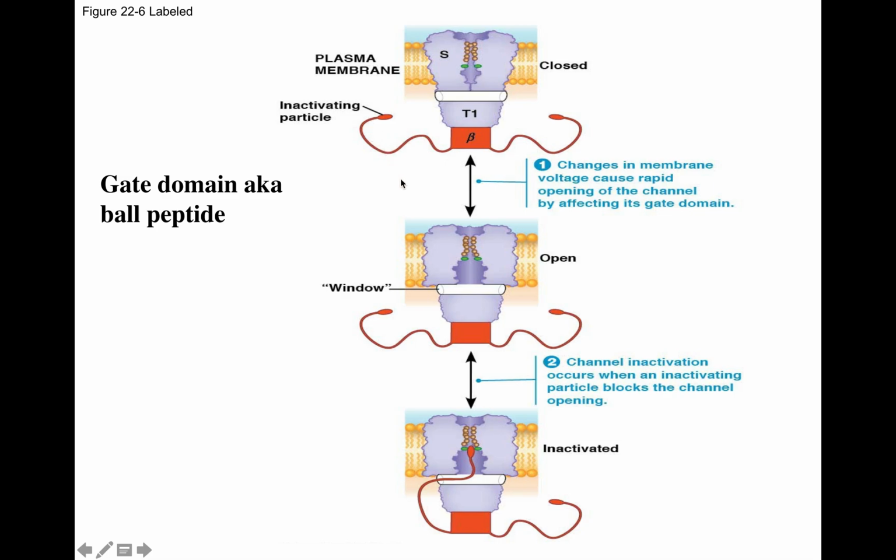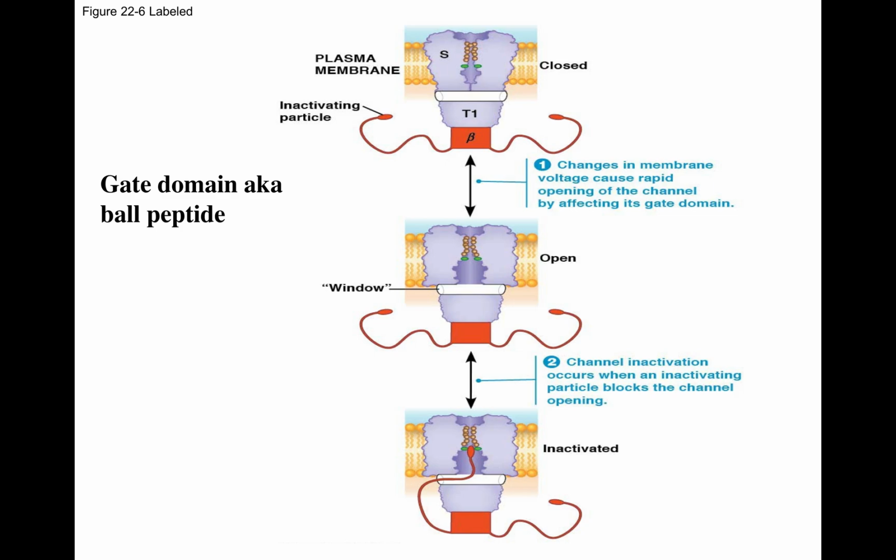After the opening period, the ball will plug the channel on its chain and prevent it from being opened again for a short amount of time while that ball peptide is in there. So that's called the refractory period. After a sodium channel or a potassium channel is opened, there is a period of time where it can't be opened again while that ball peptide is in there.